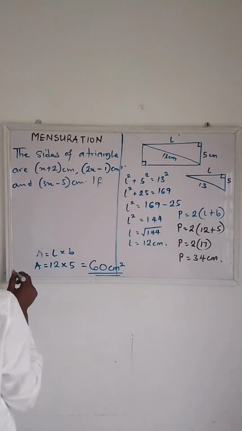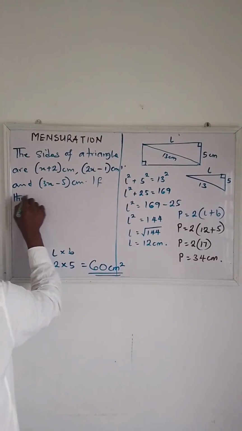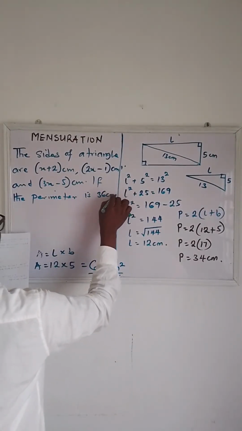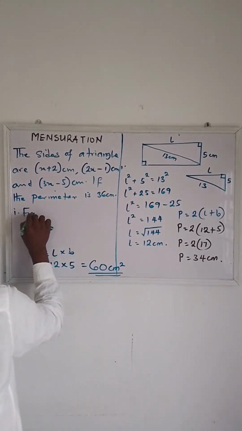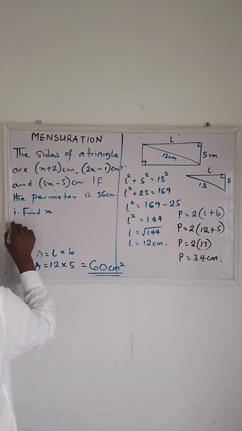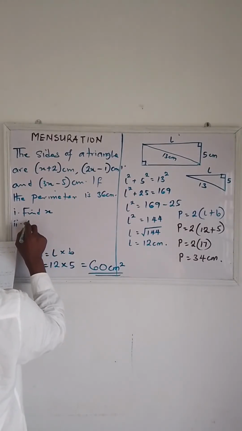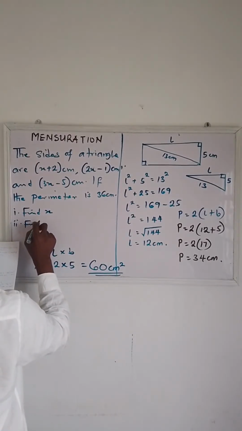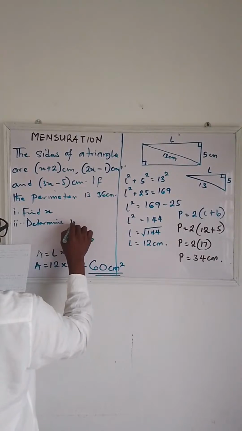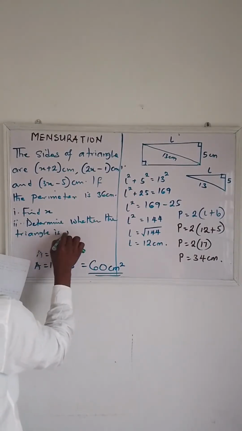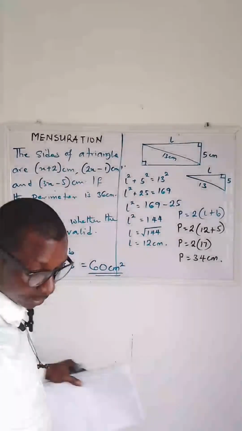If the perimeter is 36 centimeters, Roman numeral 1, find x. 2, determine whether the triangle is valid.